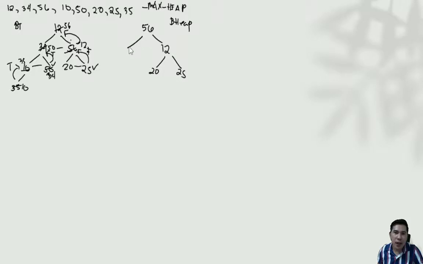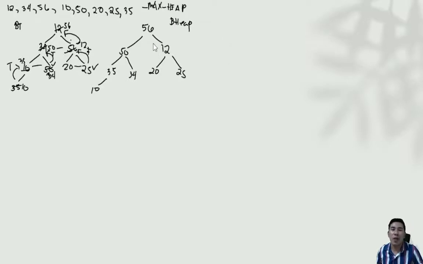And in the left subtree, you have here 50, and then you have 30, 34, 35, and you have here 10.